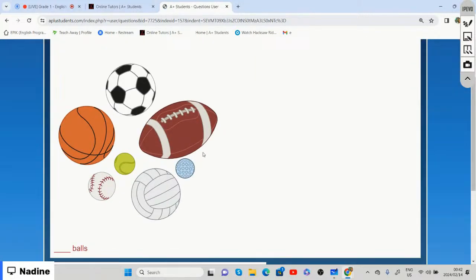And how many balls are there? So we need to count the balls, whether it's small balls or big balls, as long as we find out how many of the things are here. So we have 1, 2, 3, 4, 5, 6, and 7.